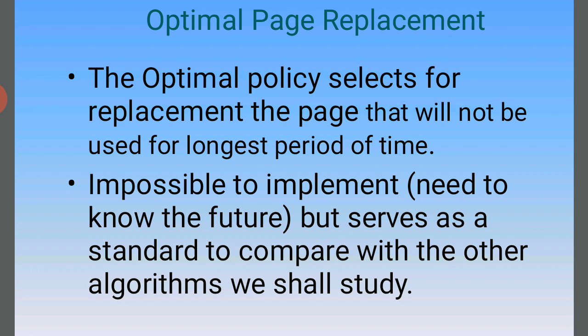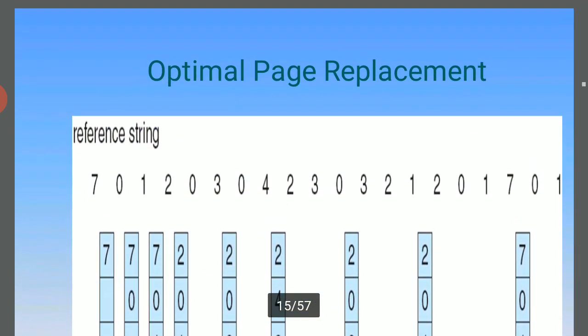It is immediately changed from one page to another page. This is the longest period of time, not be used. This is called optimal page replacement, and it is impossible to implement as it needs to know the future, and it serves as a standard to compare with the other algorithms we shall study.